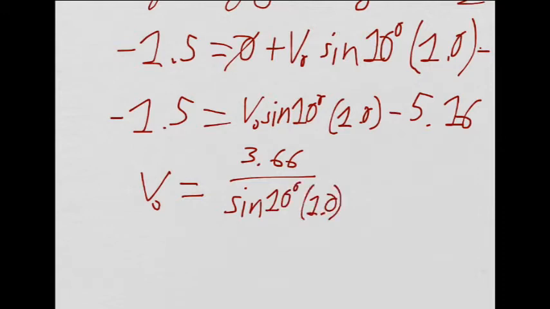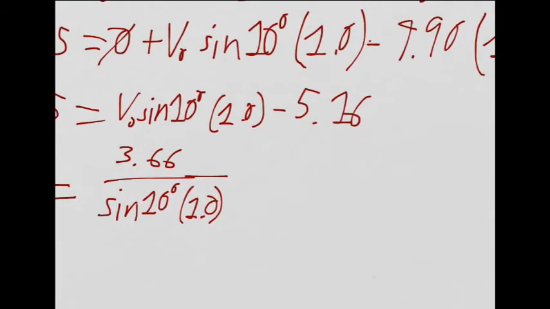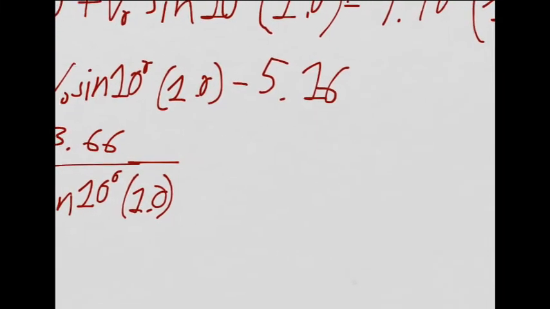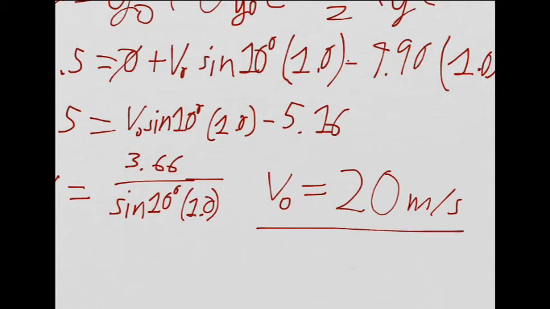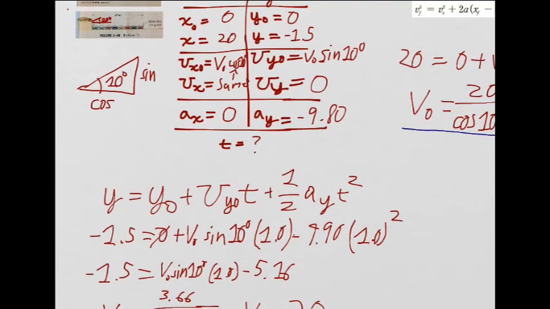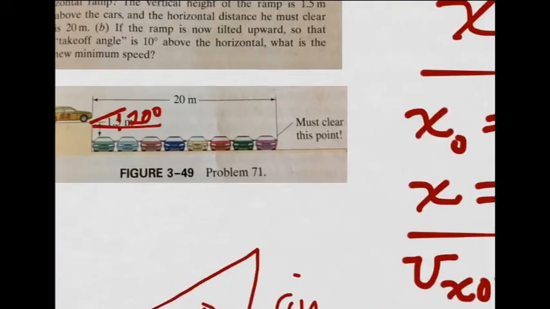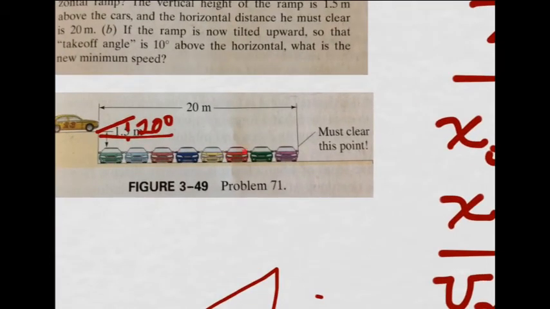Sorry for skipping steps, but you should know this by now. It's just algebra, typing it all into the calculator. If we type that all into the calculator and round it to two significant figures, we have figured that the initial velocity is 20 meters per second. That is the initial velocity required to jump all of these cars if we added a ramp of 10 degrees.